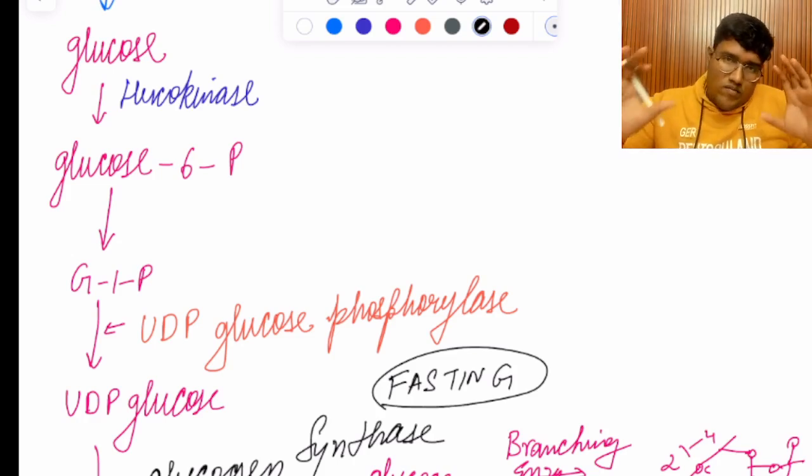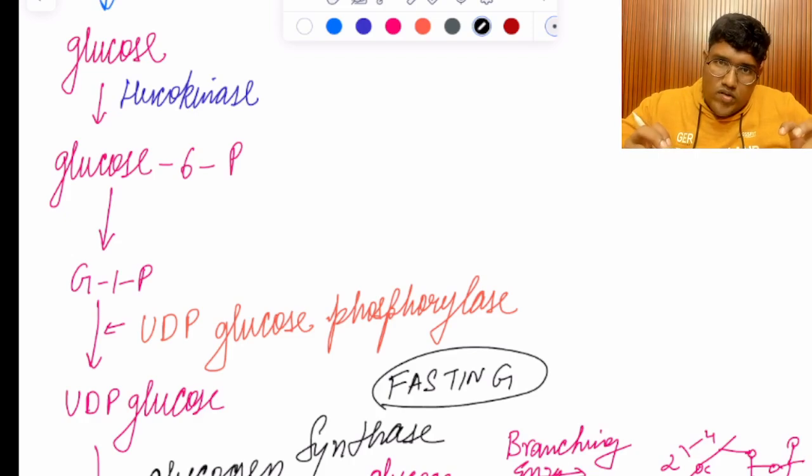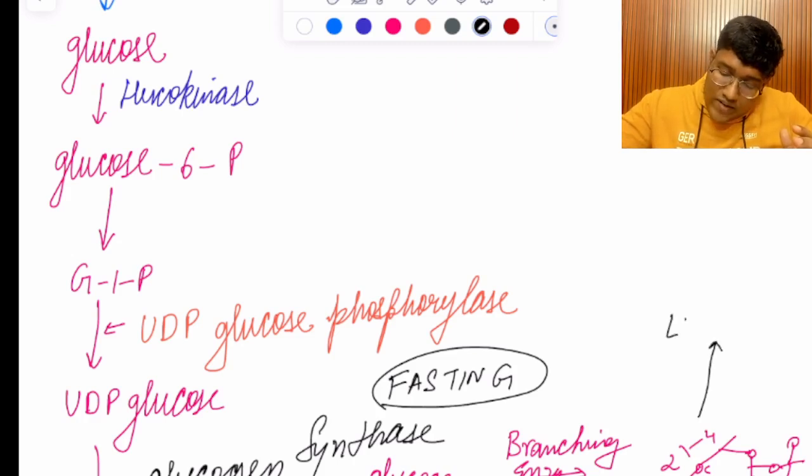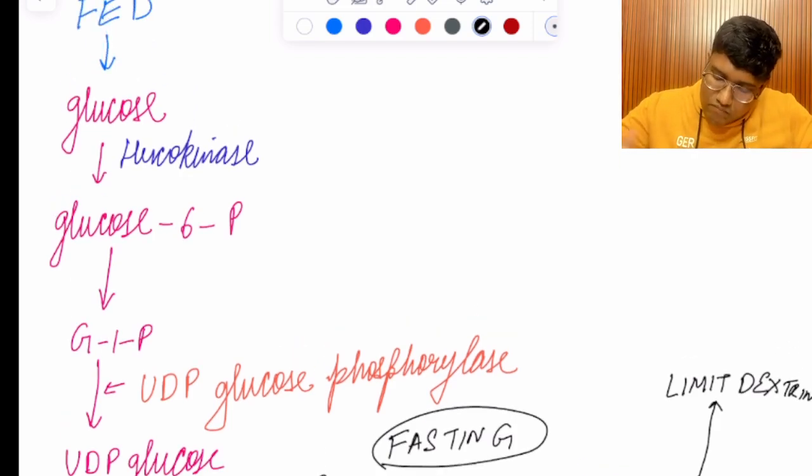To break this into small components, you should take one at a time, right? So they're going to break down into limit dextrin, which is again this big massive glycogen broken into small components. That one component is called limit dextrin or alpha limit dextrin.